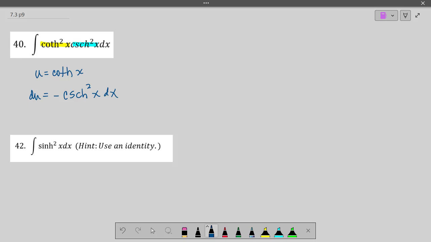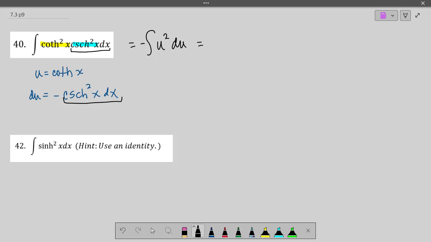And that matches exactly this whole second factor. So this is going to be the best choice. So we will end up with cotangent squared, so that's going to be u squared. And then cosec squared multiplied by dx is right there. So that's going to turn into a negative du. So the negative can go out in front, and then the du. So that would be the simplification.